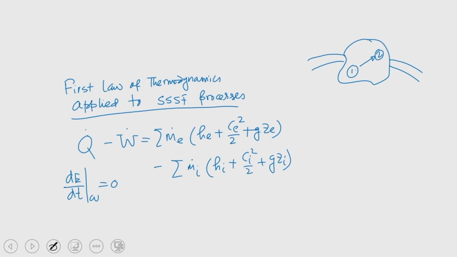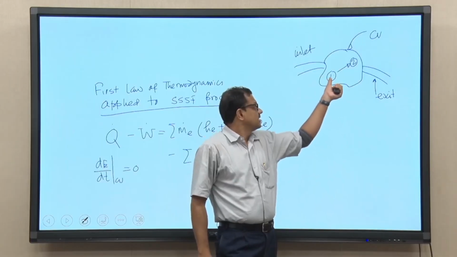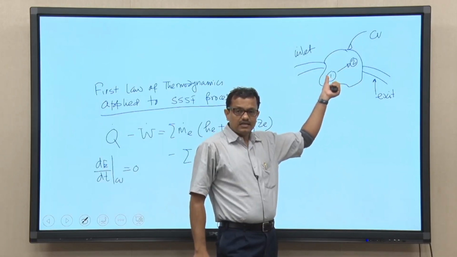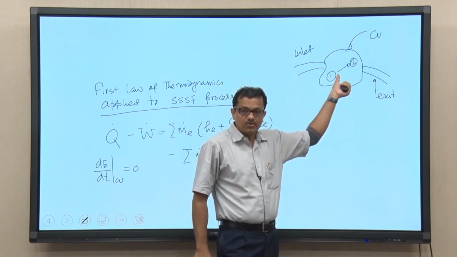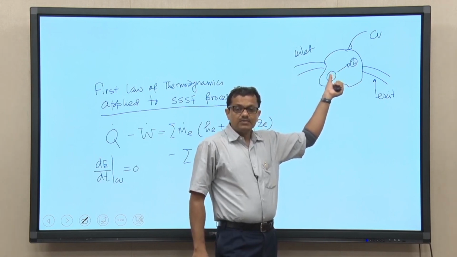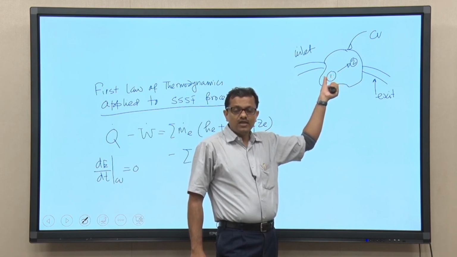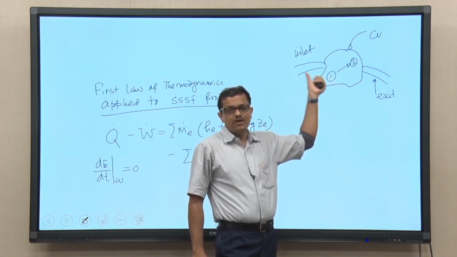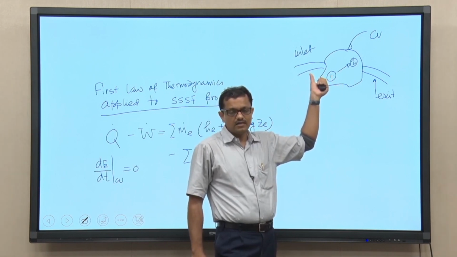This is the control volume, this is the exit, this is the inlet. If the control volume is undergoing a process by virtue of which it is changing its state from state 1 to state 2, and the process is occurring following uniform state, uniform flow, right.